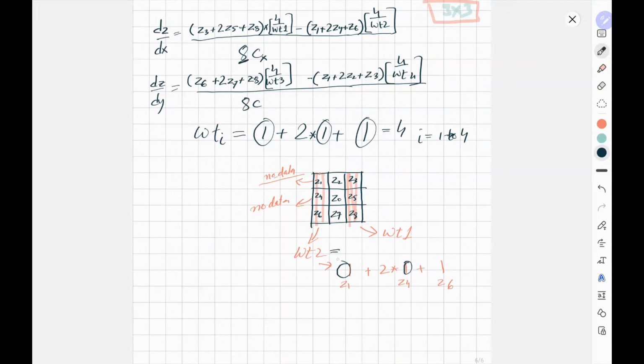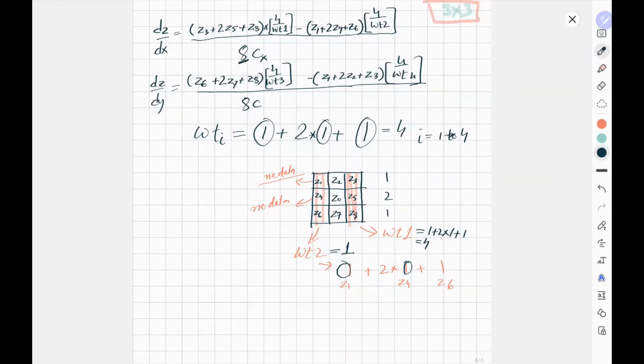So my weight 2 will become only 1, okay? And suppose I have values in z3, z5 and z8, so they will have this factor, okay? So it will remain just like before, equal to 1 plus 2 times of 1 plus 1, which will become 4.